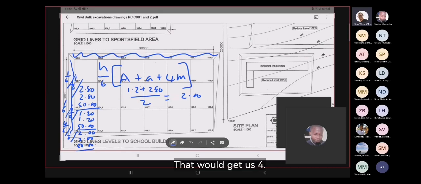And that gets us everything we need for the civil bulk excavation, so the civil quants for this drawing would be in order for us to generate.